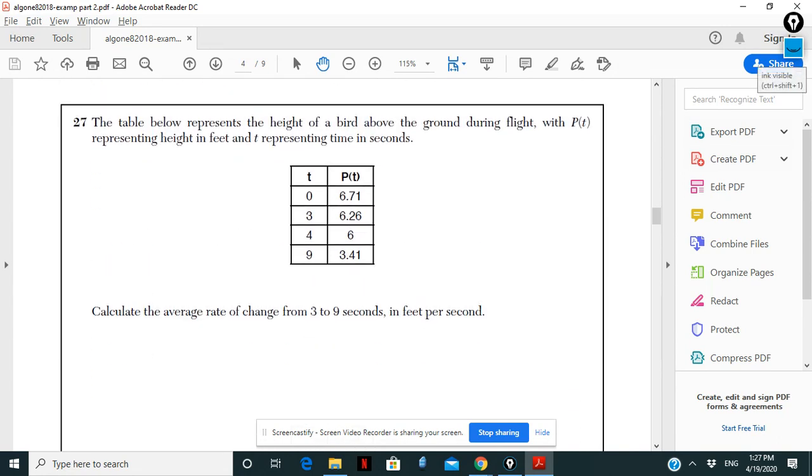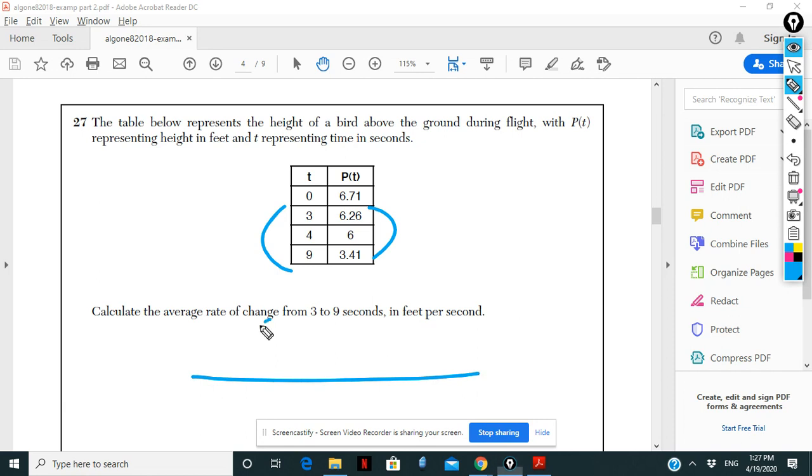Okay. The table below represents the height of the bird above the ground during flight, with p(t) representing the height in feet and the t representing the seconds. Calculate the average rate of change from 3 to 6. So he wanted 3 to 6. So the value for the function was 6.26 minus 3.41, and at 6.26 it was 3 seconds.